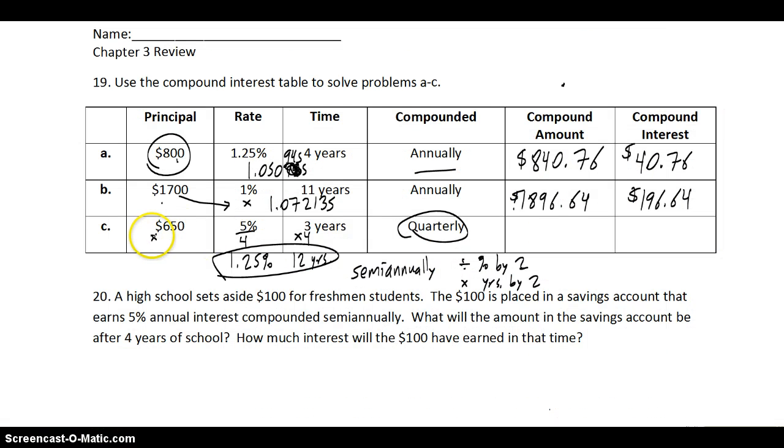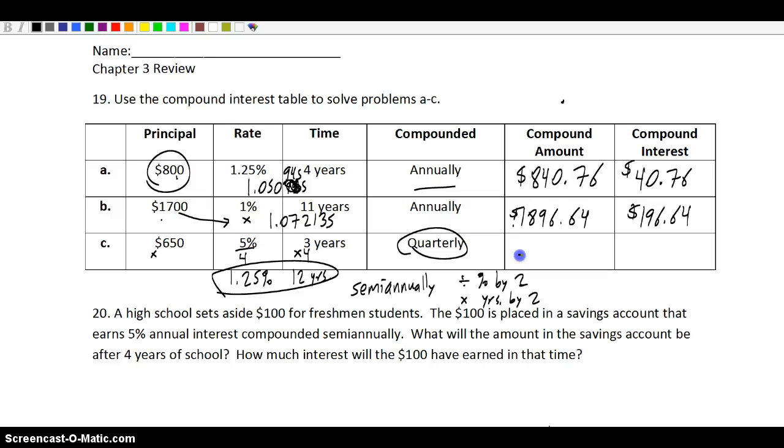You multiply that by the 650, and you should get 754.49075. The 0 is not enough to raise up the 9 any further, so it's just 754.49. And again, subtract to figure out how much money you actually made, and it's 104.49.